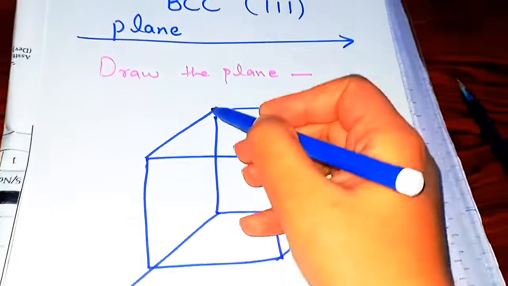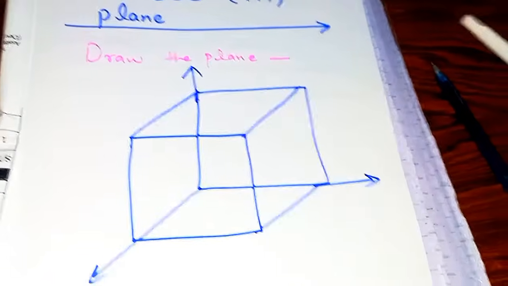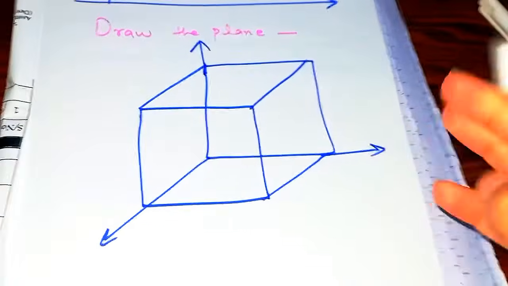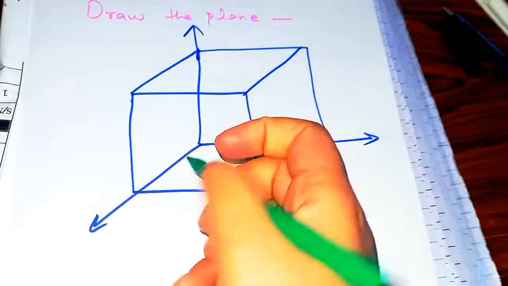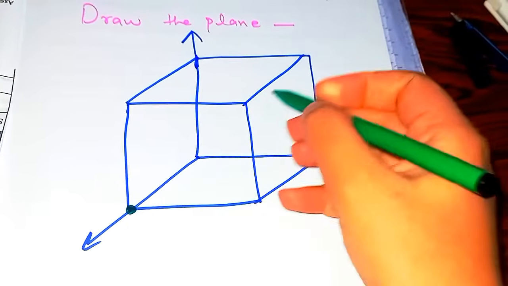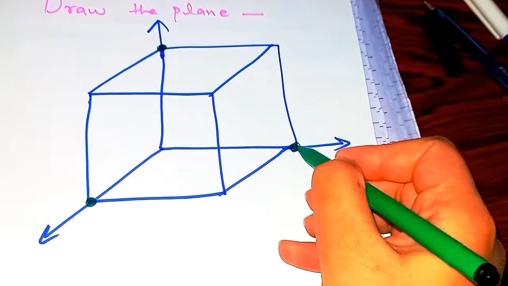And 111 plane is such a common plane, we just remember how to draw it. So it has one as x-intercept, one as y-intercept, and one as z-intercept. So this is one on z, and this is one on y.